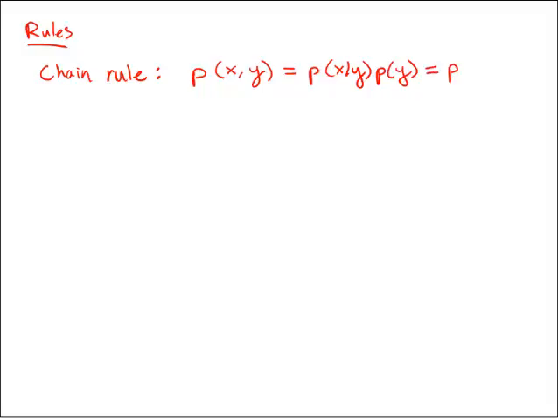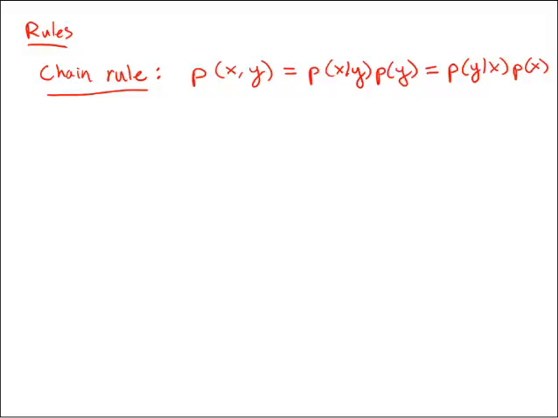And that also is equal to p of y given x times p of x. So this is the chain rule. It's useful because it tells you how you can split up a joint distribution into a conditional distribution and a marginal distribution.